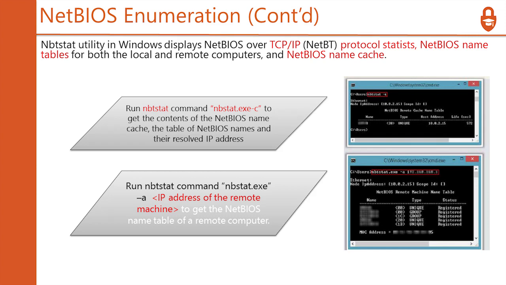NetBIOS enumeration: the nbtstat utility in Windows displays NetBIOS over TCP, which is NBT stat, and protocol statistics, the NetBIOS name table for both the local and remote computers, and the NetBIOS name cache. In case you don't know what this is, it's used instead of TCP/IP, except it's much more difficult to troubleshoot.